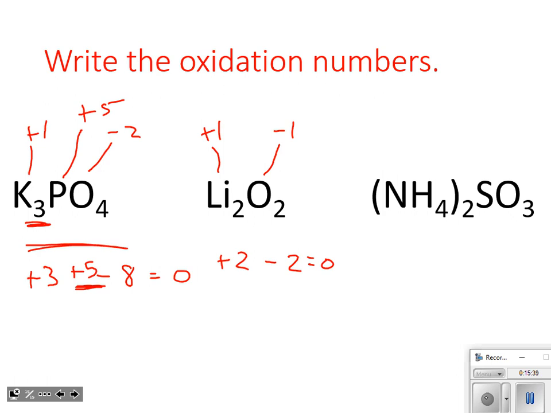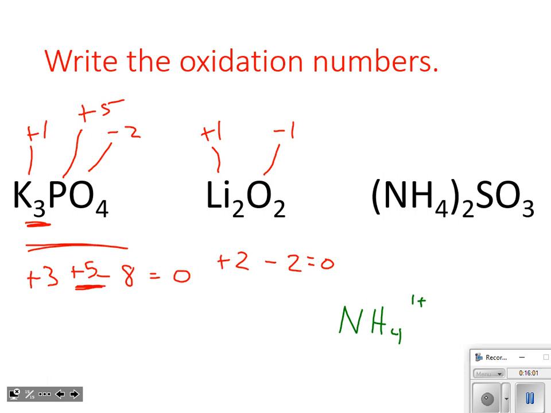Now this last one is really a tough one. I'm going to show you how I do this, because we have 4 different things here. The way I do this is I break them down. I know that NH4 is a 1+ charge, don't I? I know that from my ion sheet.